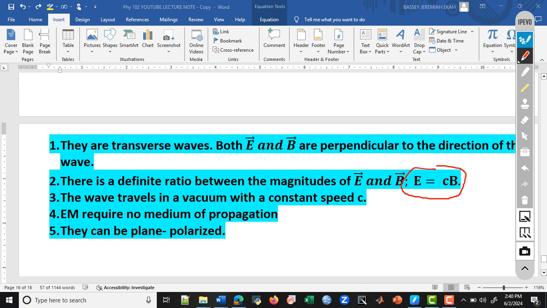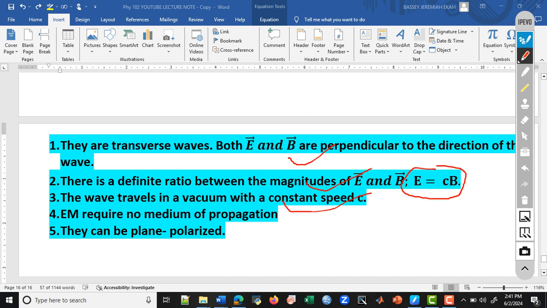The next point says that the wave travels in a vacuum with a constant speed. So every electromagnetic wave travels at the speed of light. Electromagnetic waves require no medium of propagation. That's why the radiation from the sun, even when it travels through space, gets to the earth.